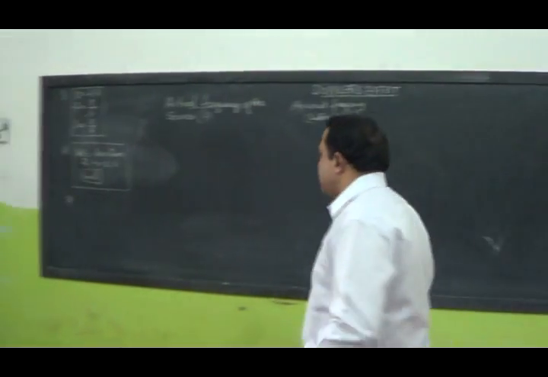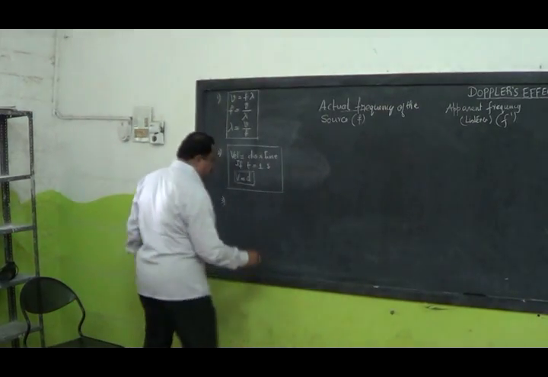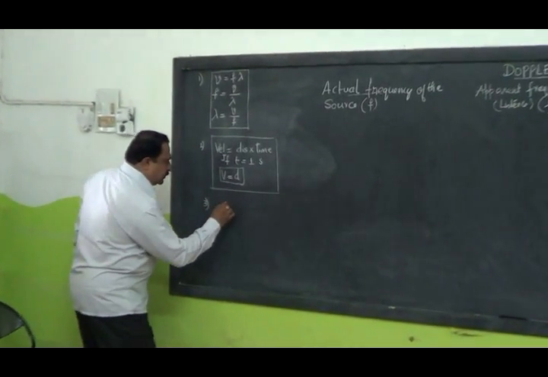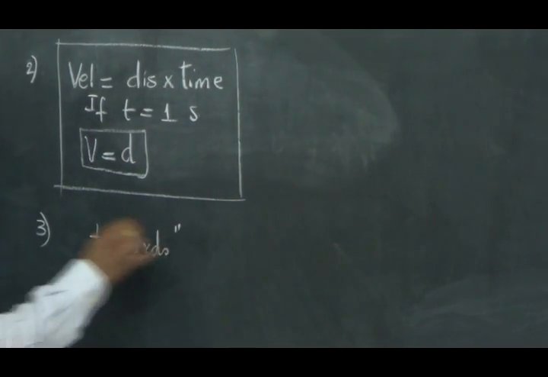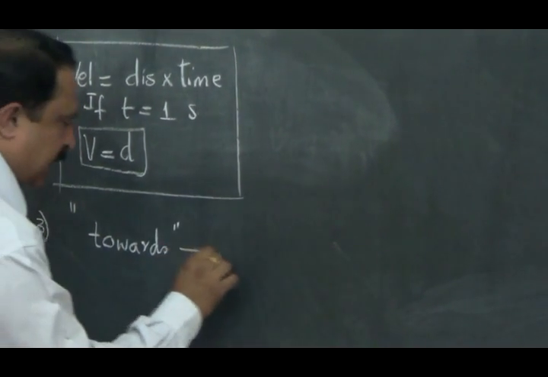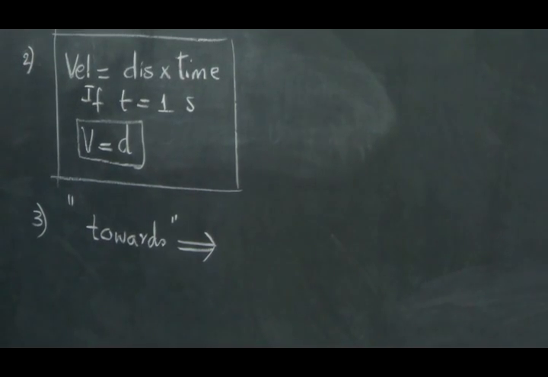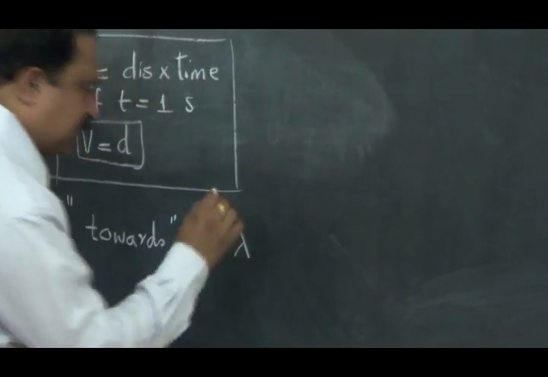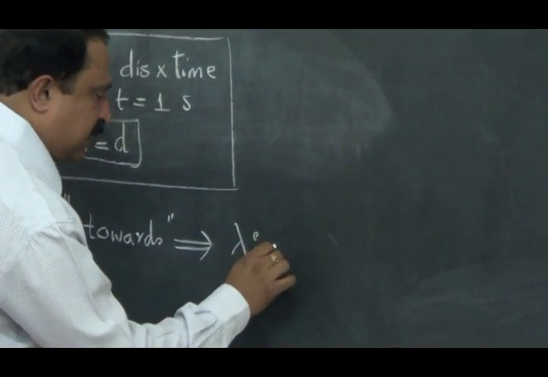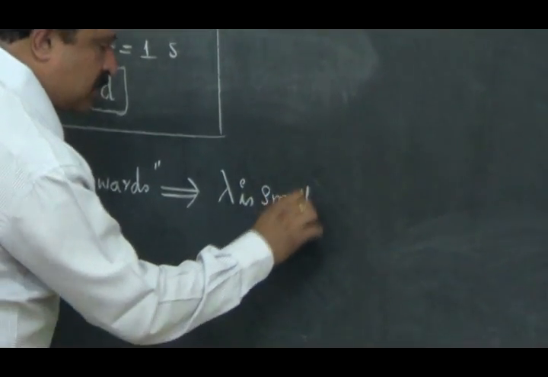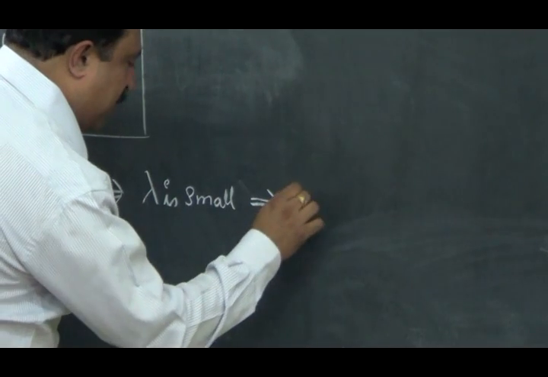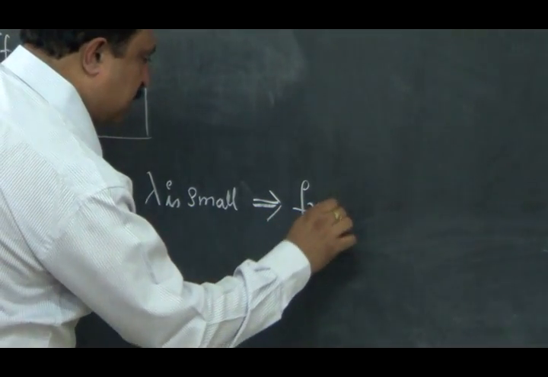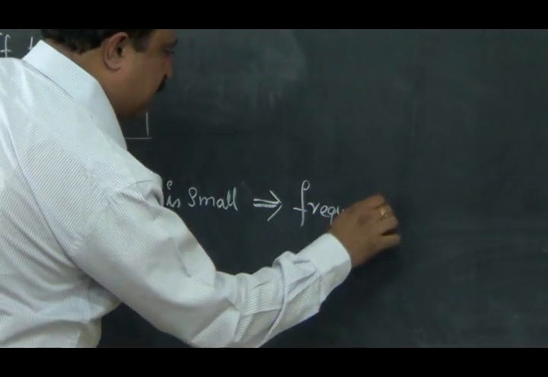The reason is, now I say 2 words. Towards implies lambda is small. Lambda is small. This implies frequency is large.